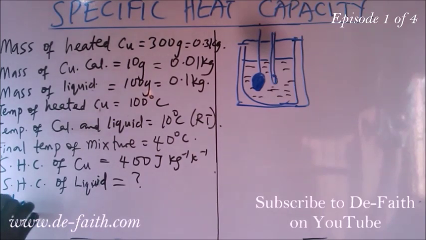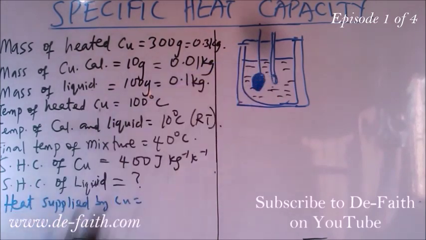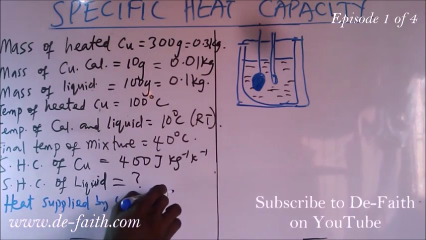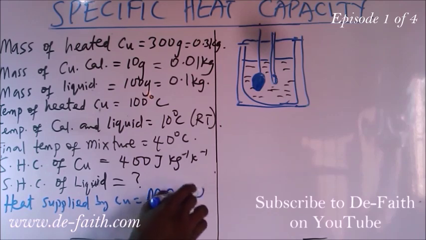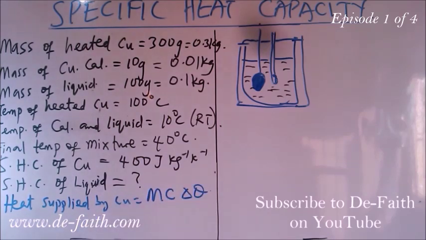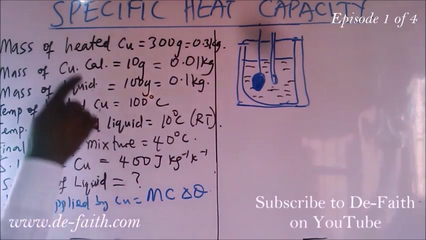Now heat is supplied by the copper, which is this copper, and the formula for quantity of heat is mass times specific heat capacity times change in temperature. The mass is the mass of this copper.